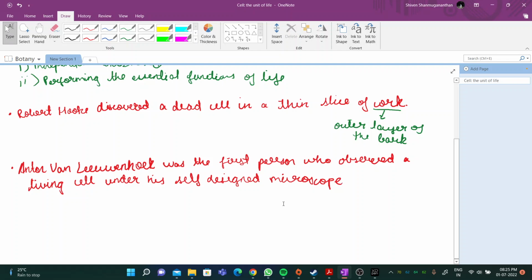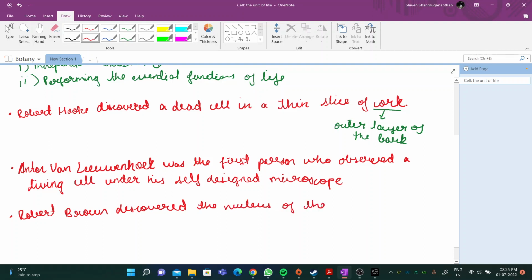Now, Robert Brown discovered the nucleus of a cell. So, Robert Brown discovered the nucleus of the cell.